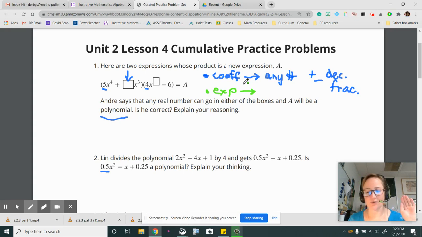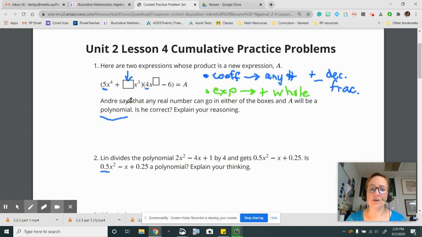That's going to change our value. We'll deal with those fractional exponents and negative exponents in the future in this course. But these have to be positive whole numbers only. Okay. So as long as the exponent is a positive whole number, we can make it correct.